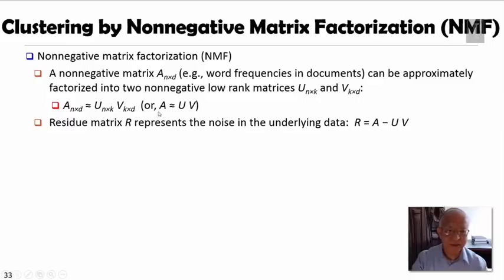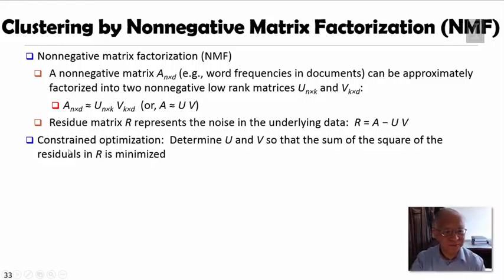So one matrix A is factorized into two factors, U and V. Of course, since it's approximate, you may have a residue matrix R representing the noise in the underlying data. This R is the difference between the original high-dimension non-negative matrix and the product of the two factorized matrices.